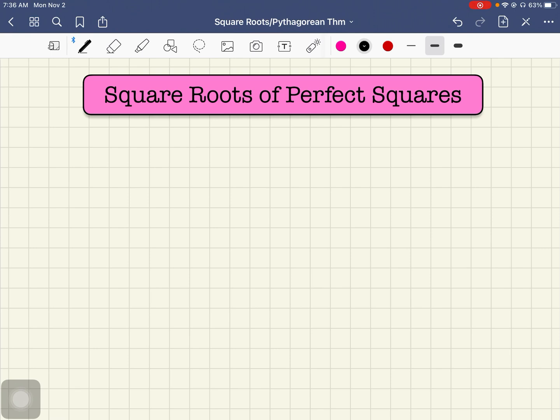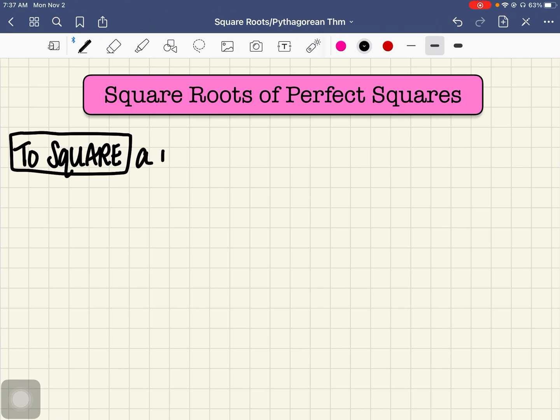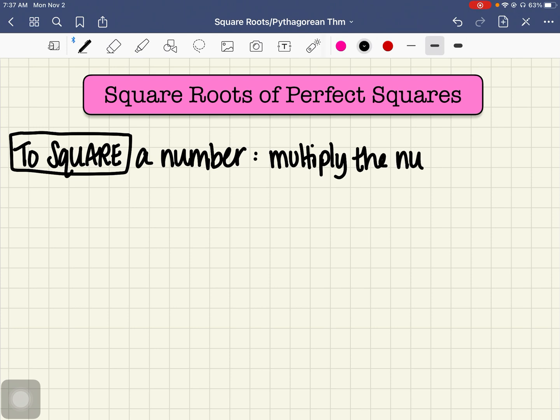So let's start with what it means to square a number. To square a number means to multiply the number by itself, which should sound a little bit familiar because you have talked about this idea before when you were first introduced to exponents in sixth grade or seventh grade.